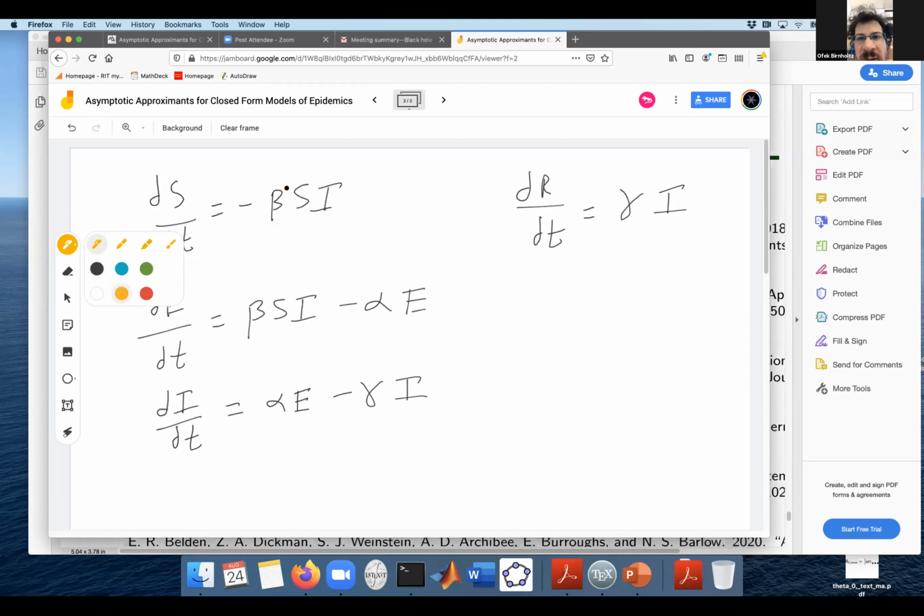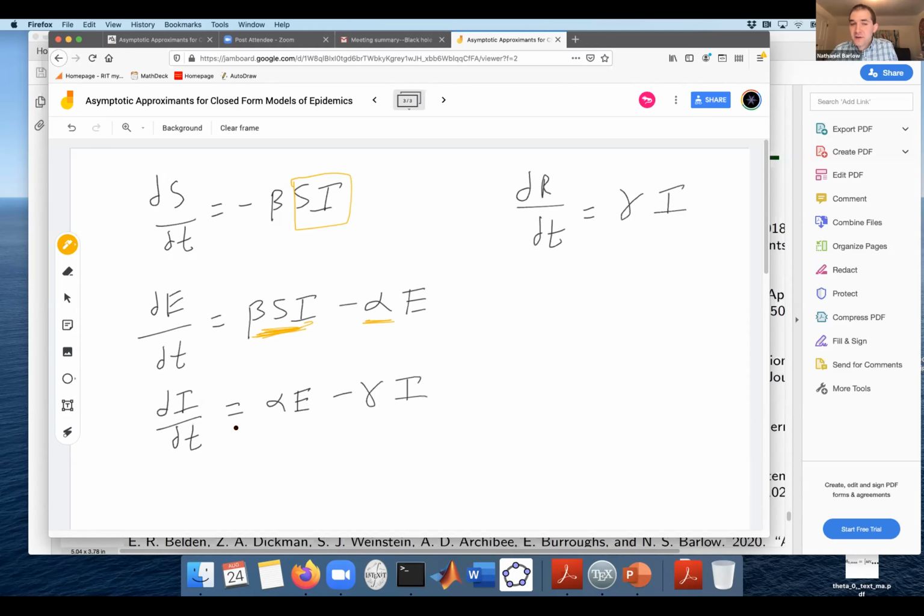So you have S multiplied by I and some positive coefficient beta, right? And with the exposed, you have some rate of people who were susceptible getting exposed, which is why it's the positive of the term which was in the upper equation. And then you have some alpha, which is some decay, in this sense people who were exposed and are now either going to be sick or dead or something else, right? And that's why all these equations are combinations with some coefficient of products between 2 other functions.